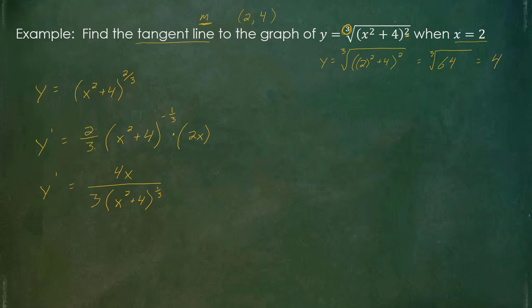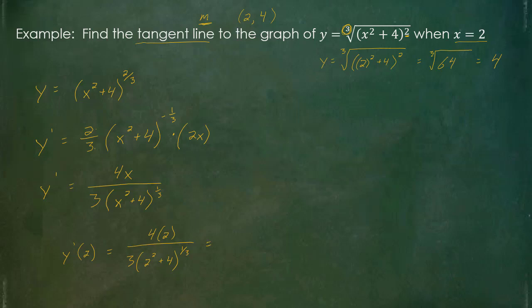So at this point, to get my slope, I just need to plug in that value of 2 for x. So y prime at 2 is going to be equivalent to 4 times 2 on top over 3 times 2 squared plus 4, and then the cube root, or the 1/3 power.